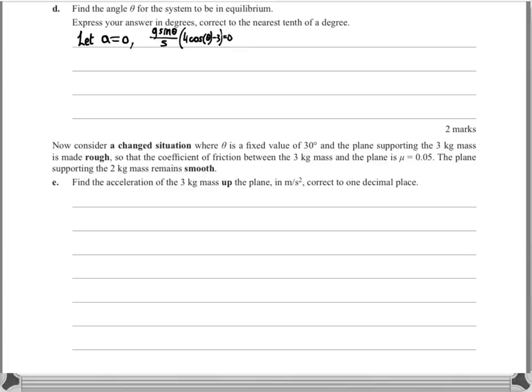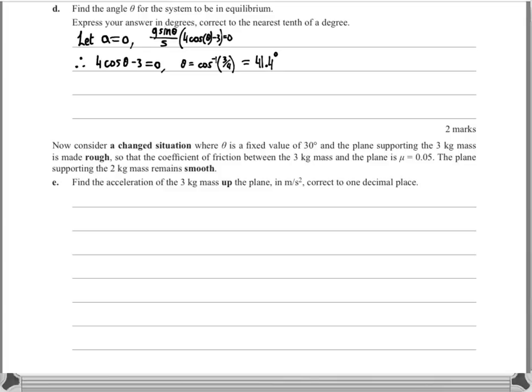So we can't just destroy our plane and make it flat. So this one is not going to be very helpful for our inclined plane problem. We're going to use the second one, and we're going to equate that to 0. And just transposing, we get theta equals inverse cos of 3/4. And on the CAS, we get 41.4 degrees to the nearest tenth of a degree.